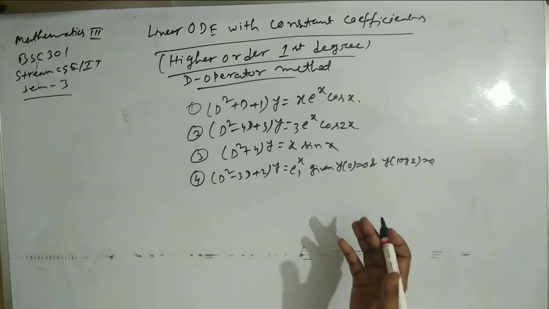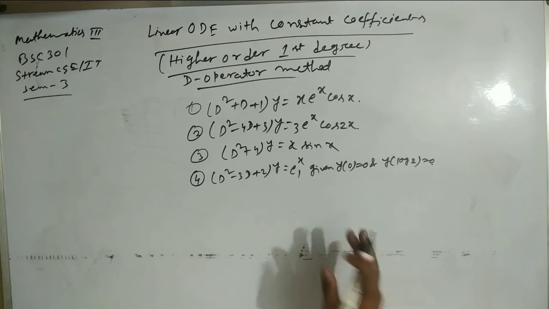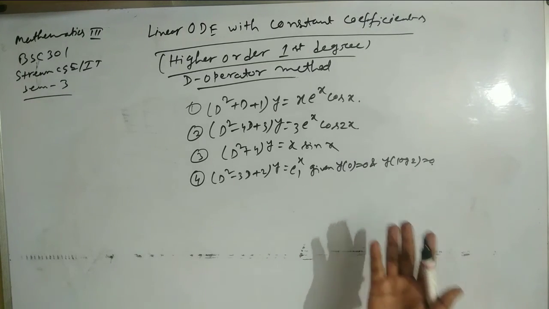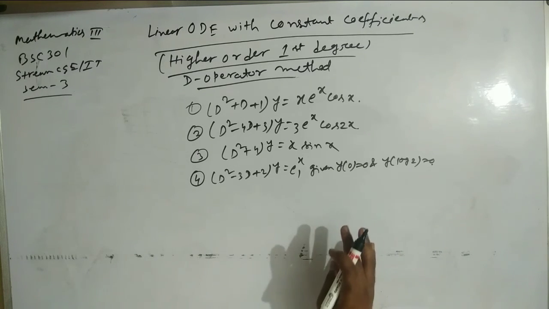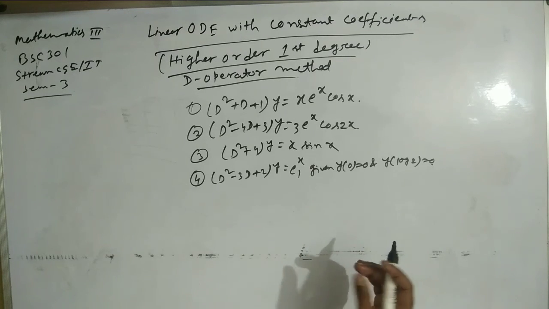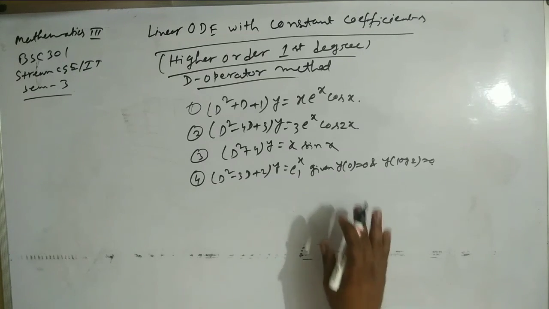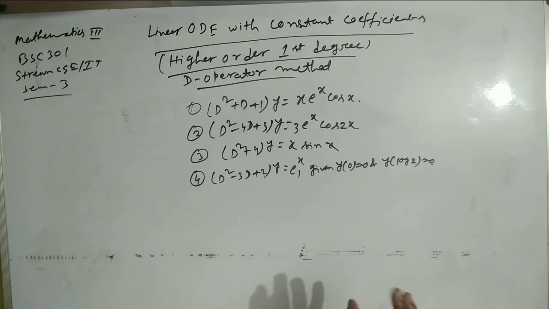I have not solved this type of sums where initial and boundary conditions are given. This is not different from any examples I have shown you. Same procedure, just these conditions are used to find the value of the arbitrary constants which come in the complementary function.